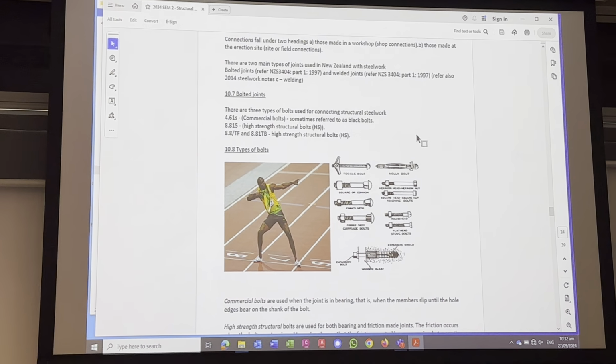There's some pictures of some different types of bolts there. The choice tends to be relative to the job. If you've got a smooth head on the bolt, usually that's because you don't want anything to get caught on the nut. So it might be on a handrail on a bridge where people's hands are going to go along, or it could be on the bridge itself where people are walking. You don't want them to trip or slice their feet.